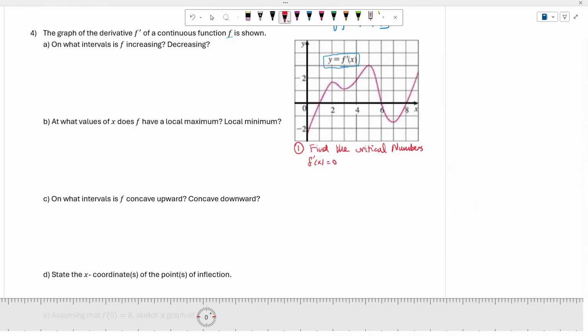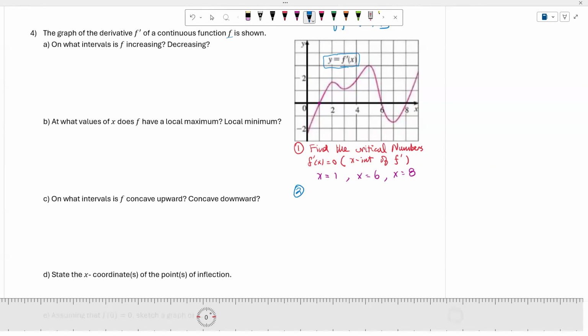In other words, we are looking to find the x-intercepts of the f prime function. Then, in this case, I found out that x is equal to 1, 6, and 8.